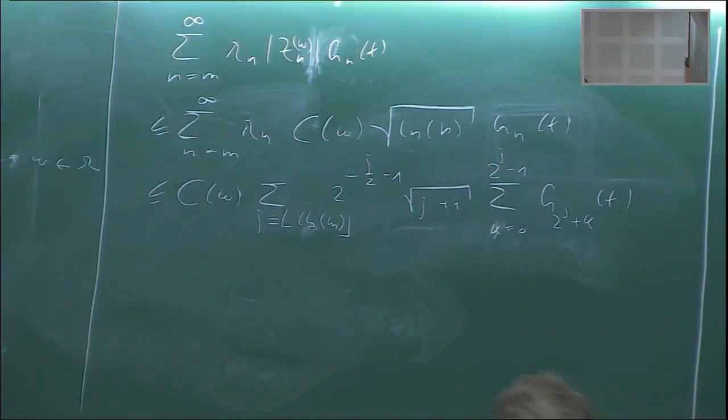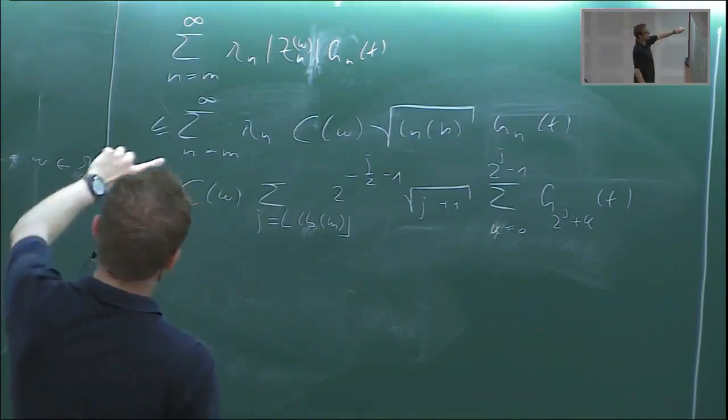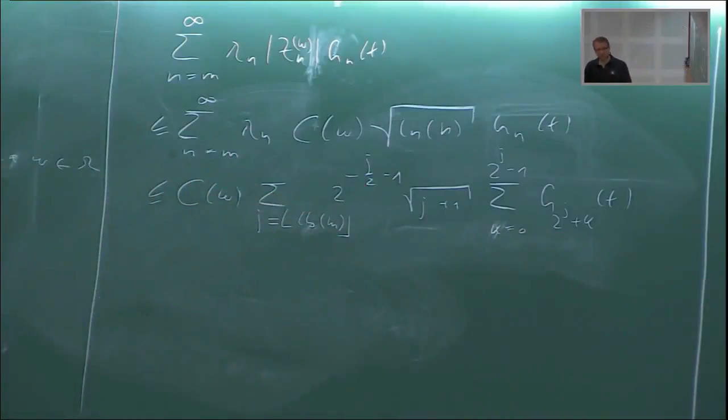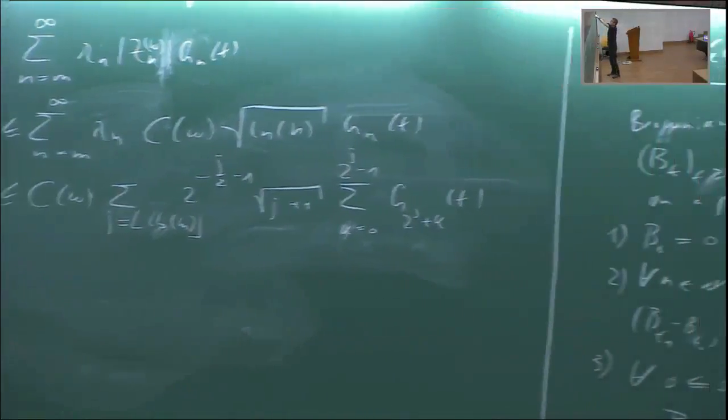We've just passed from the writing of n to the notation of this. So instead of summing over this, we can just sum over the j's and the k's. For each of the j's, we just have to sum over the k's.